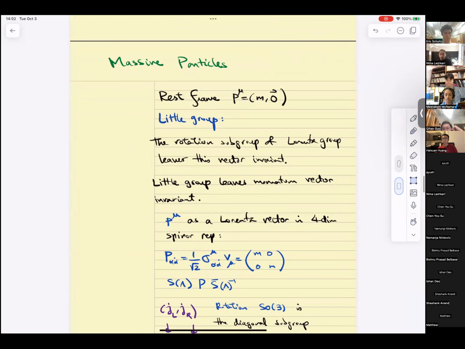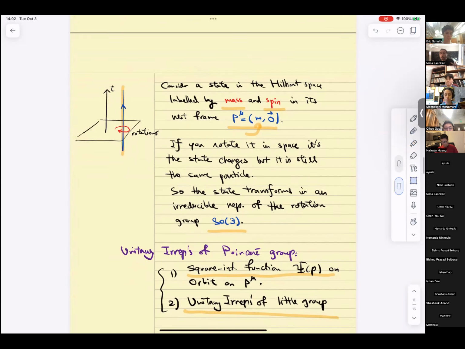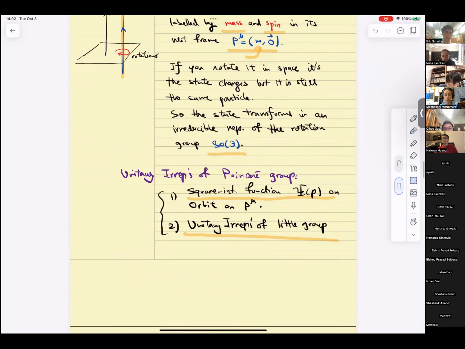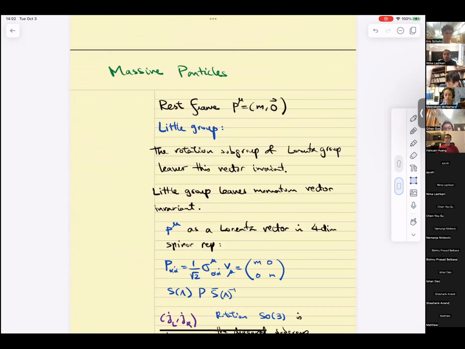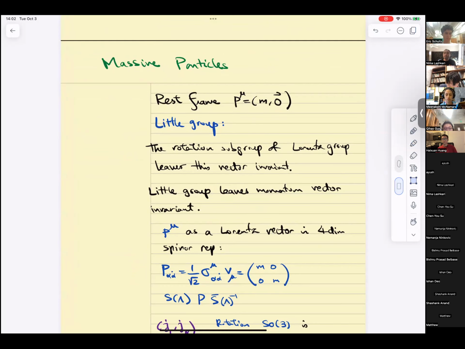One thing that's important here is that the irreps of the Poincare group will crucially depend on whether you have mass or not. Up to here, I pretend that they have non-zero mass. So these are the case of massive particles, and I'm taking the mass to be positive. Let's go through this in a little bit more detail. Then I will treat the massless case separately, and you'll see the distinction.